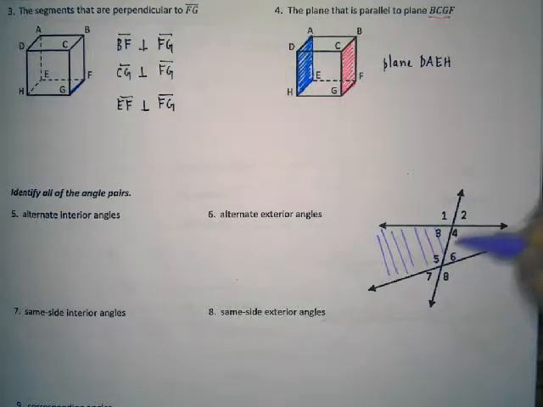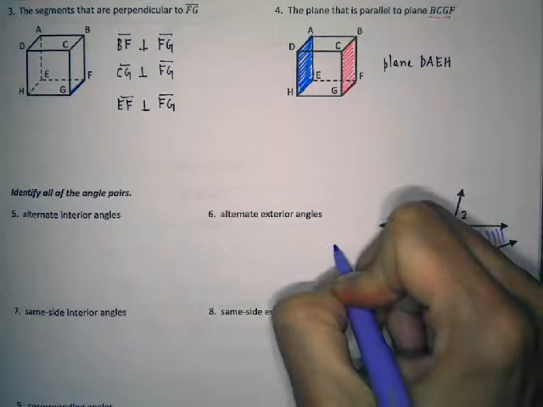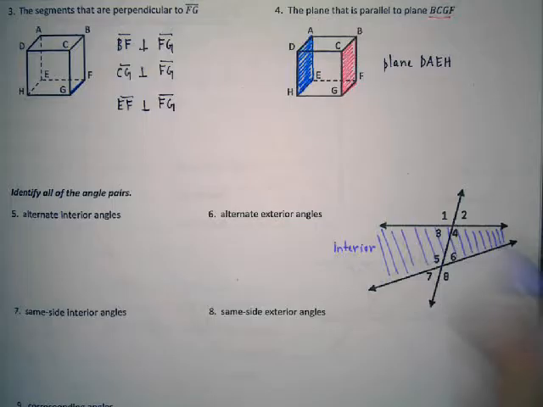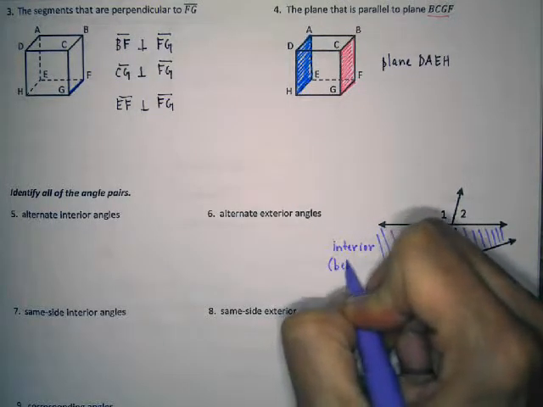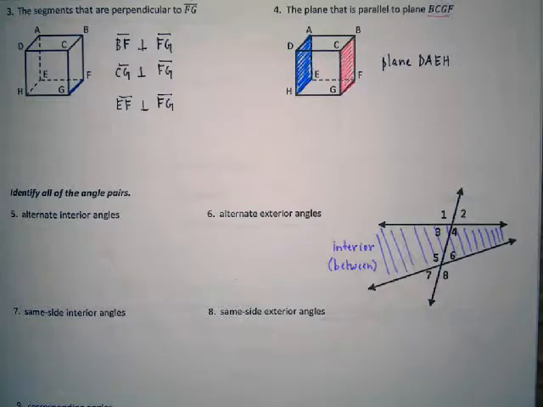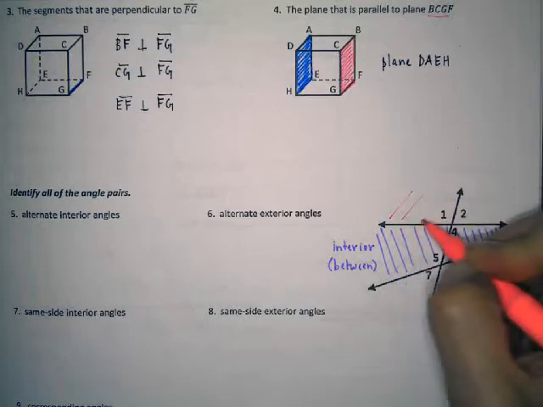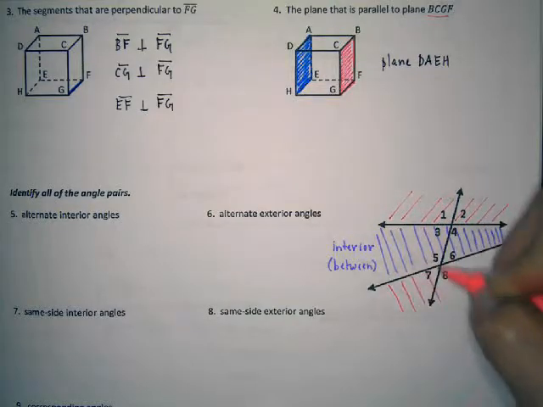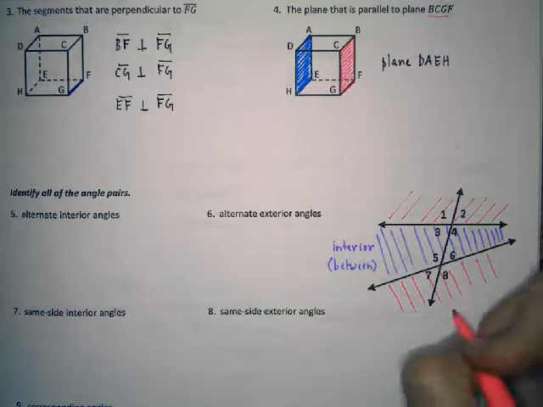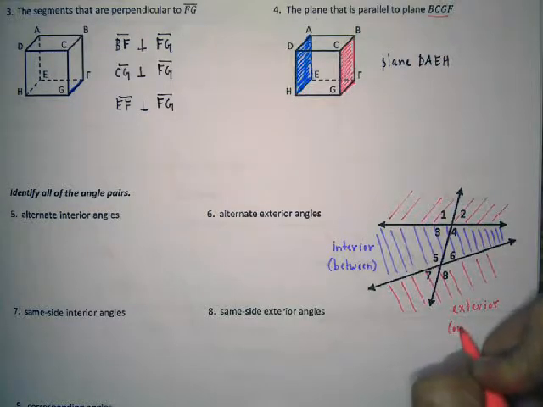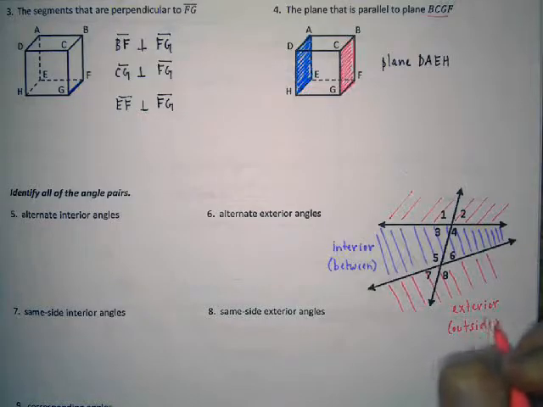So I know that all of these pairs in purple, these are my interior, where my interior angles are going to be, right? Those are between my 2 lines. On the other hand, out here are where all my exterior angle pairs will be, because those are outside of my 2 lines.